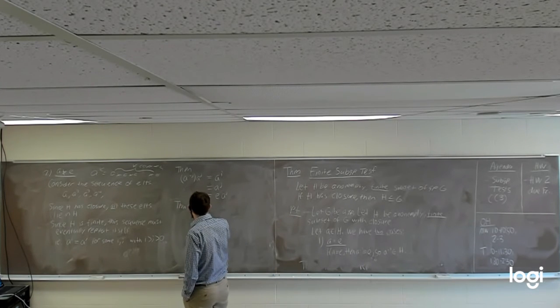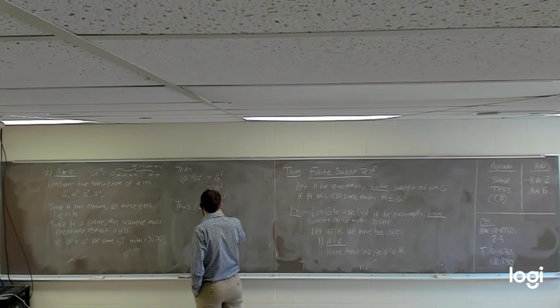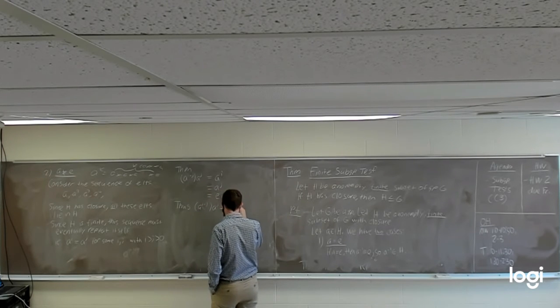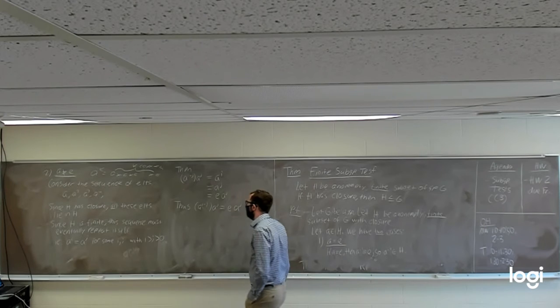Thus, A to the I minus J times A to the J is equal to the identity element times A to the J.